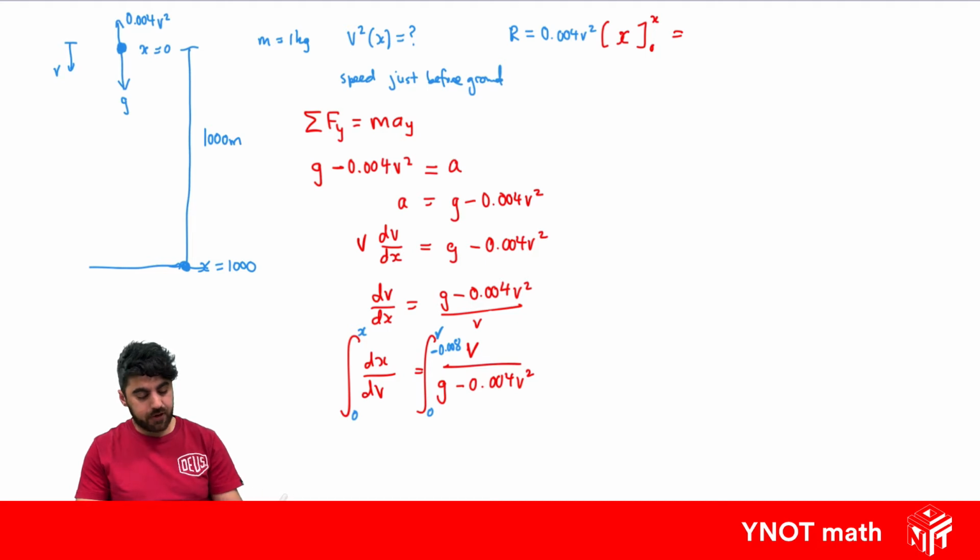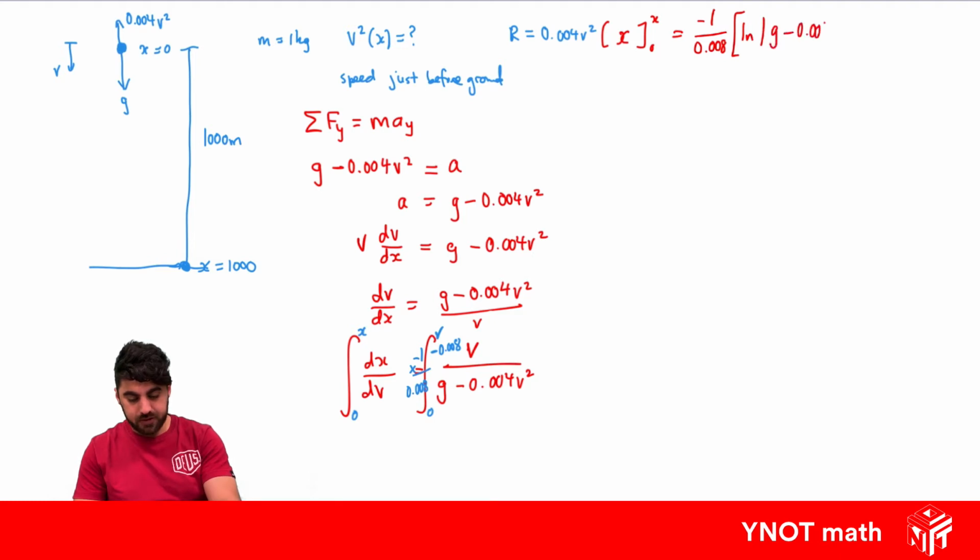So we're going to put that out the front, times minus 1 on 0.008. So this is going to give us minus 1 over 0.008. Then the integral of this just becomes the natural log of the absolute value of g minus 0.004 v squared, bound between 0 and v.